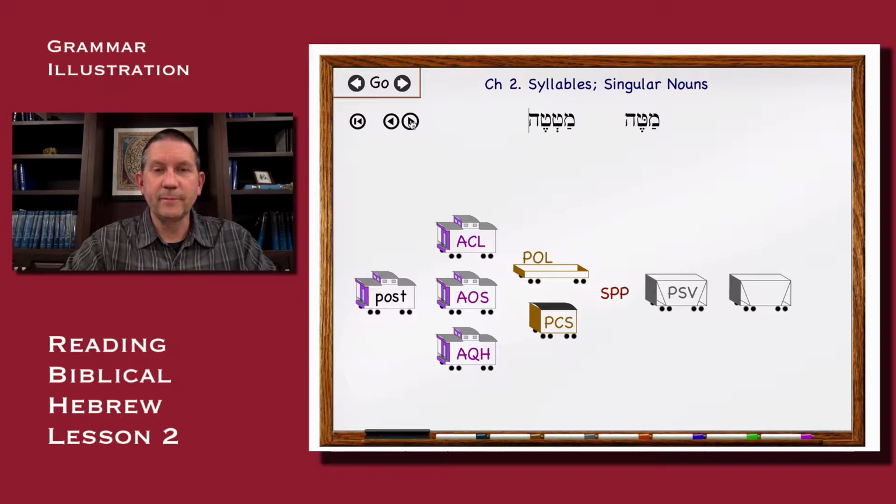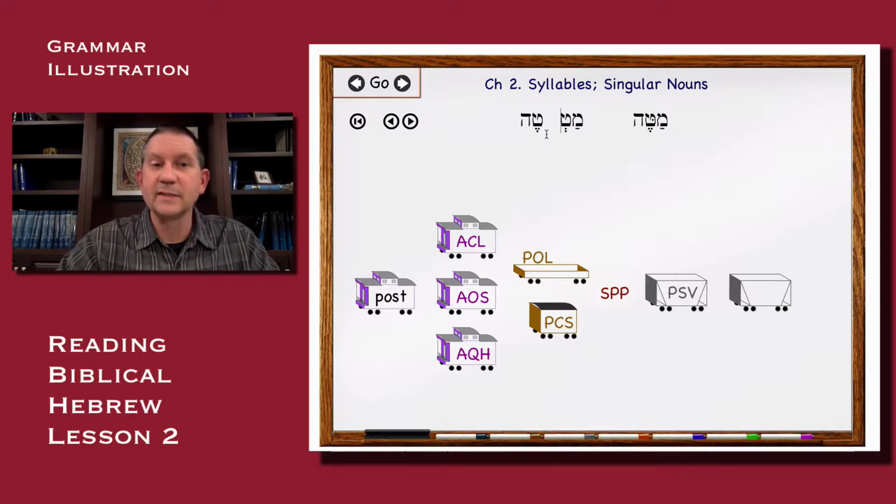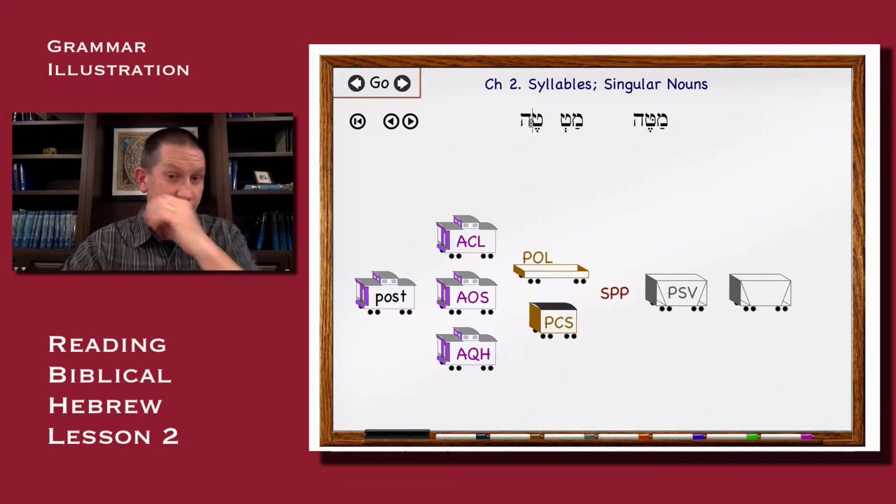Next example. Here we have mateh, and there's a dagesh forte in that tet. So this is the actual structure of the word here. We have mateh. And this ends in a hey. Is it a kametz hey? It is not a kametz hey, so this one's off the table. But is it a real hey? Well, there's no mapik in the hey, so it's a phony hey. It's a mater lectionis.